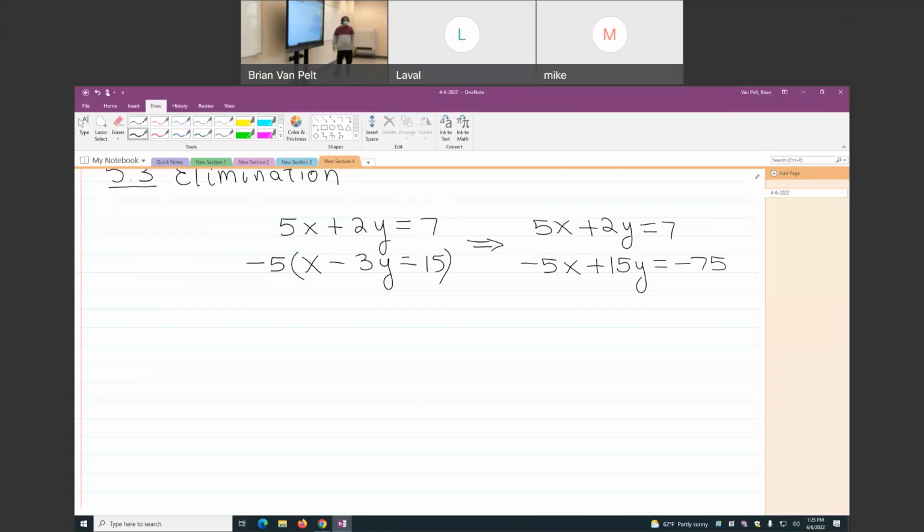Is that correct? Why did I choose -5? Now it will become evident. I add these two equations together. What happens to the x's?